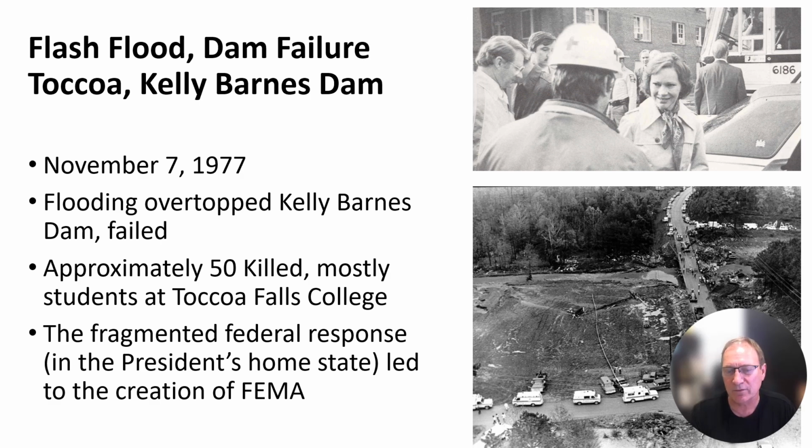There were 50 people killed from the flooding, and most of the people killed were students in their residential dorms. The fragmented response was fairly substantial, in that a number of federal agencies showed up, none of which really had a good feel for what they were doing.